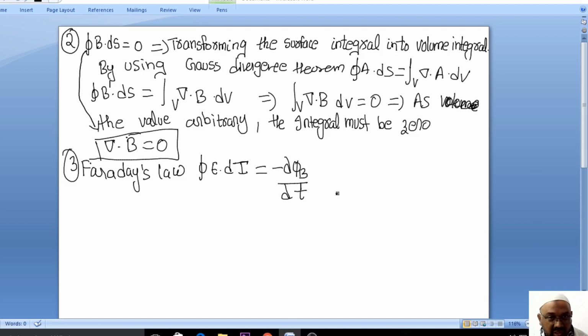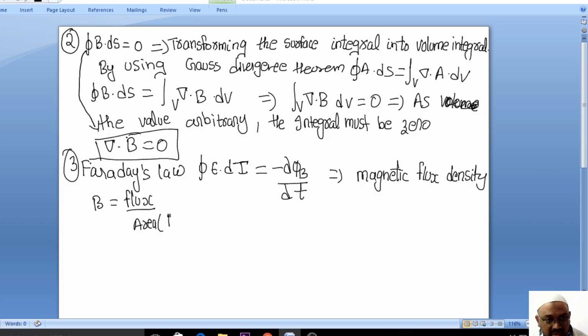We already know the magnetic flux density. The magnetic flux density formula is B equal to flux by area.